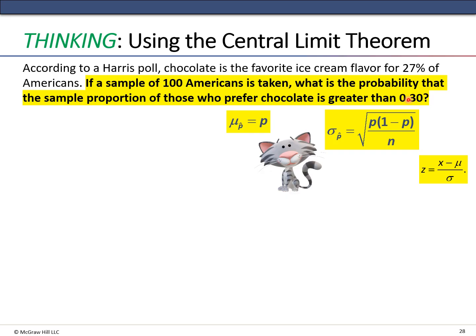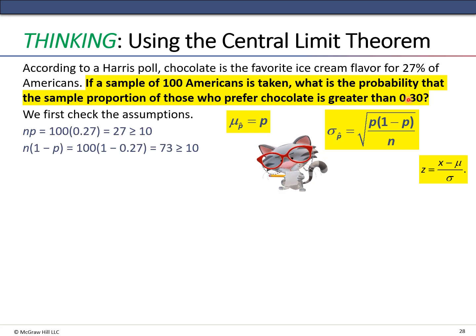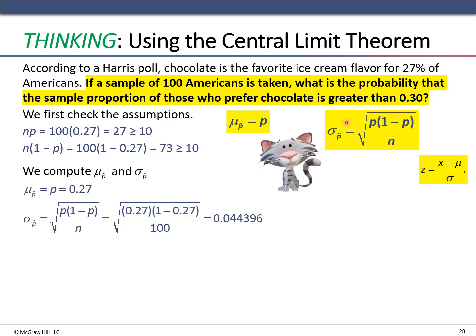Okay, so the first thing we have to do is make sure we can use the sample distribution of the proportion to be a normal curve. So we do those two calculations, n times p, making sure that it's greater than or equal to 10, it is, and n times 1 minus p is also greater than 10. So we can use the normal curve. At that point, we calculate both the mean of p hat, or the sample proportions, as well as the standard deviation of p hat, or this distribution of proportions.